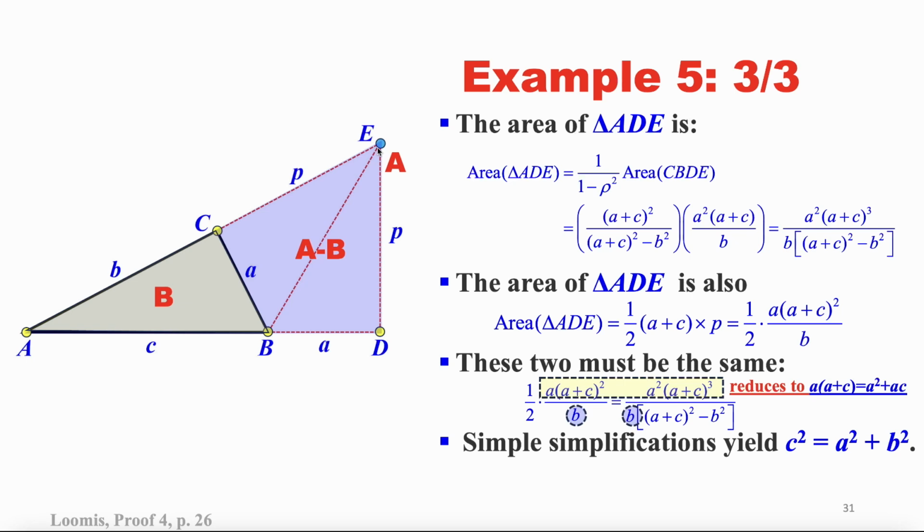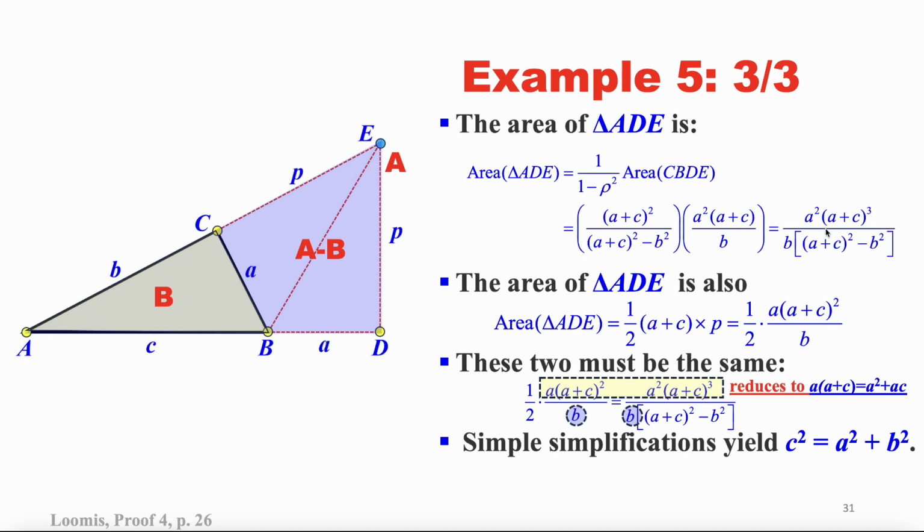Finally, let's take a look at the area of the triangle ADE. According to our method, it is 1 over 1 minus rho squared multiplied by the area of CBDE. So this is the CBDE area, and this is 1 over 1 minus rho squared.